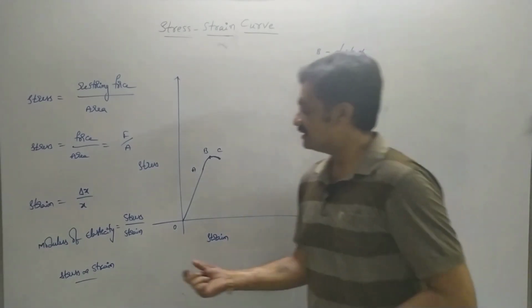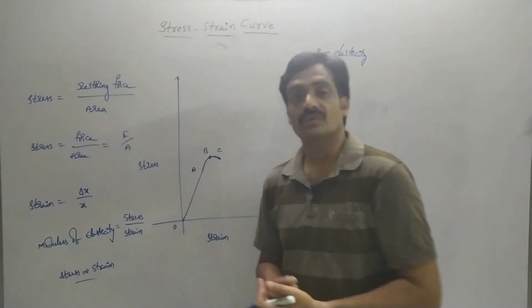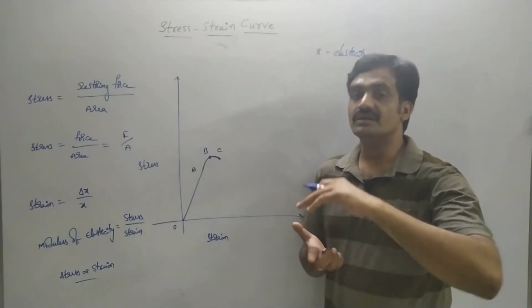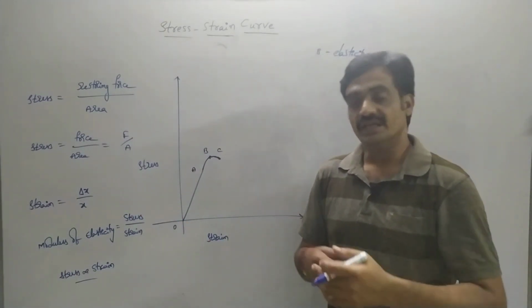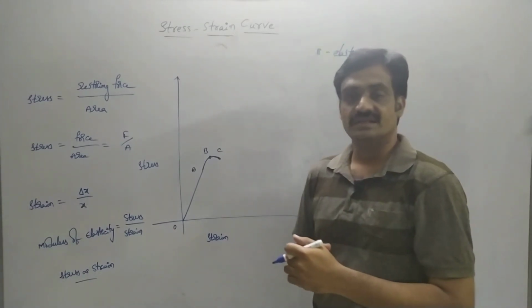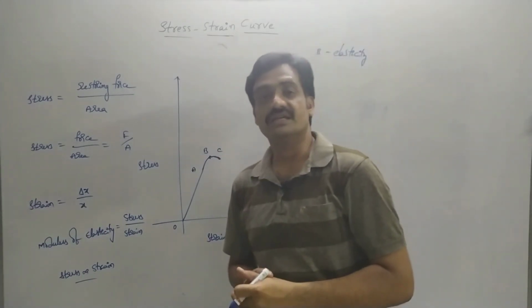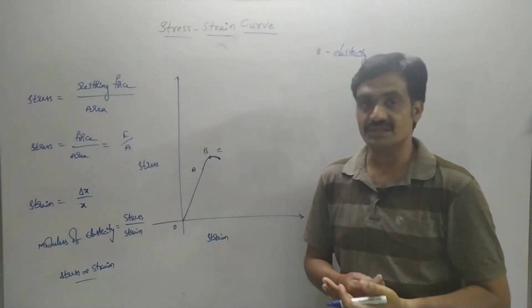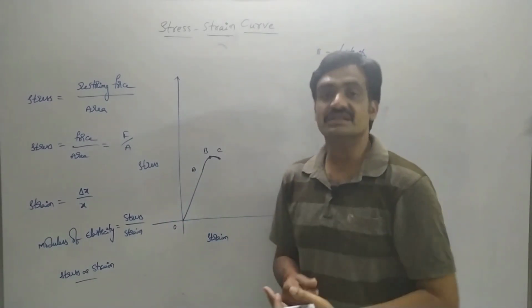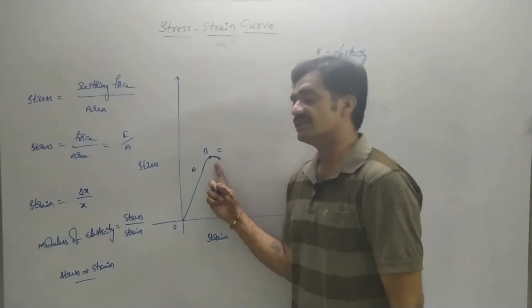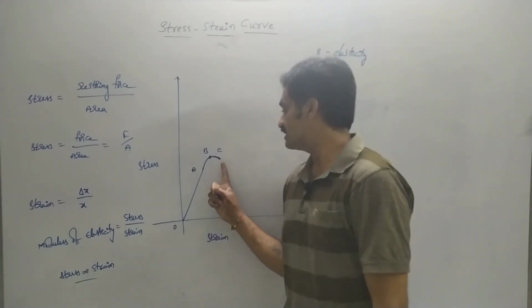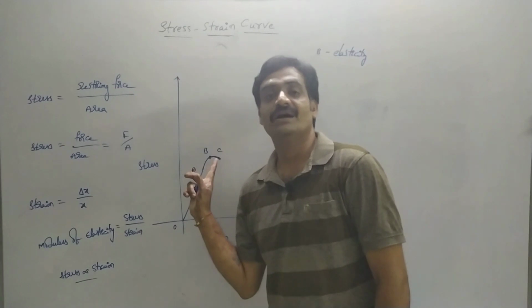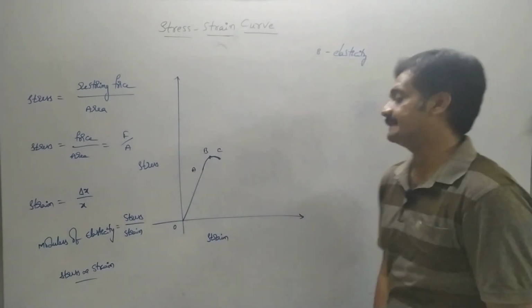Means here, as we apply the stress on the wire, the body will not regain its original shape. It will remain in the same position. At this position the body will not regain its original shape or previous dimensions, and this point C is represented as the permanent set.